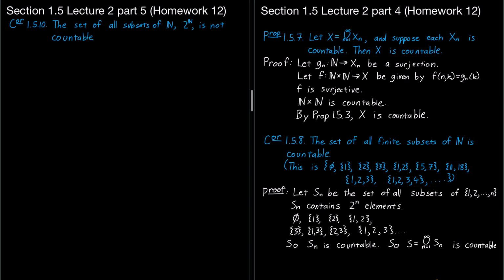All right, and let me go ahead and write out a couple of the things in 2 to the N. We've got our empty set and our singletons and our doubletons and our tripletons. So we've got all our finite sets from before. But we've also got the infinite sets.